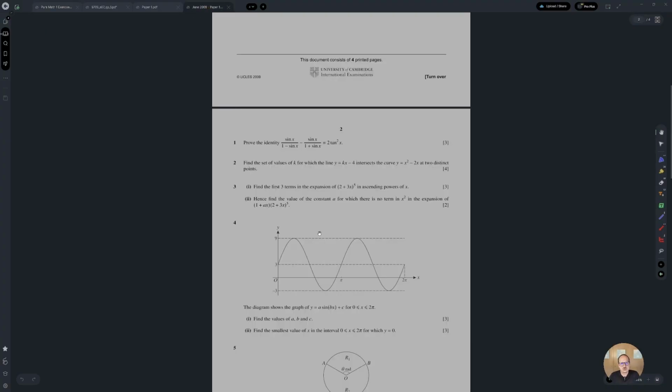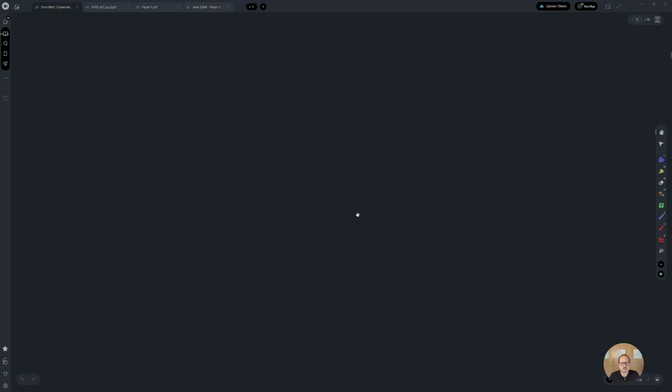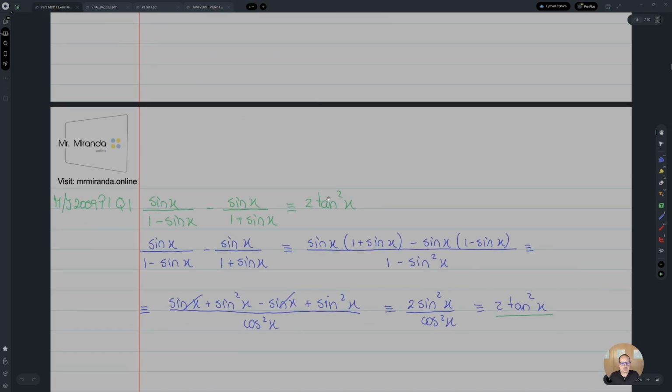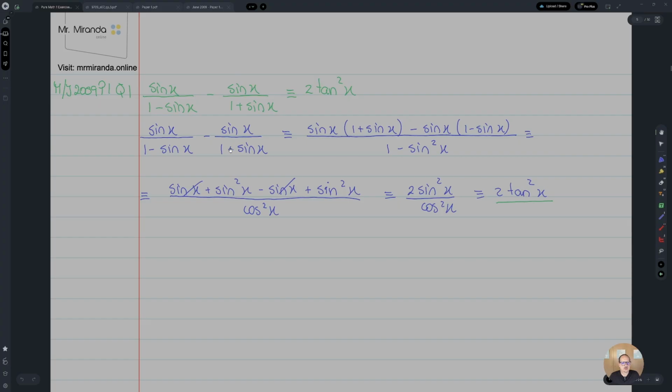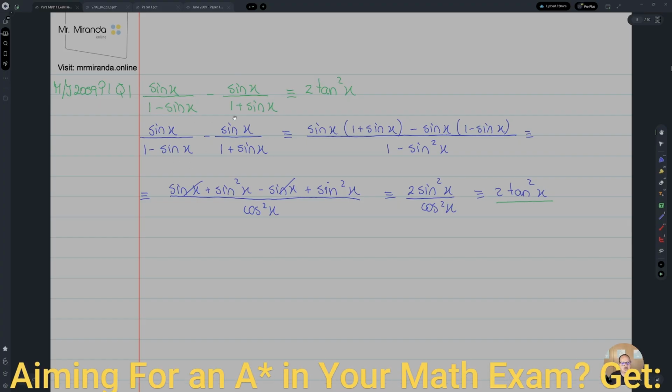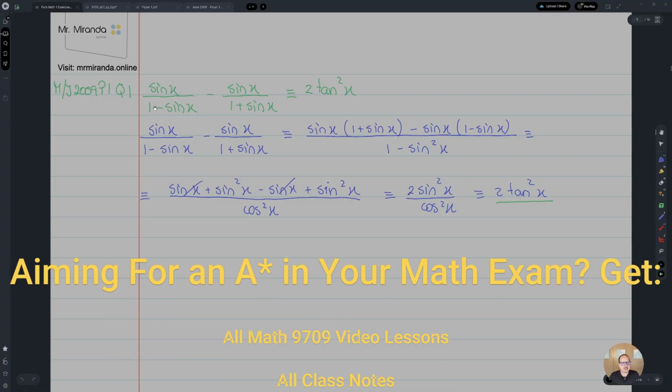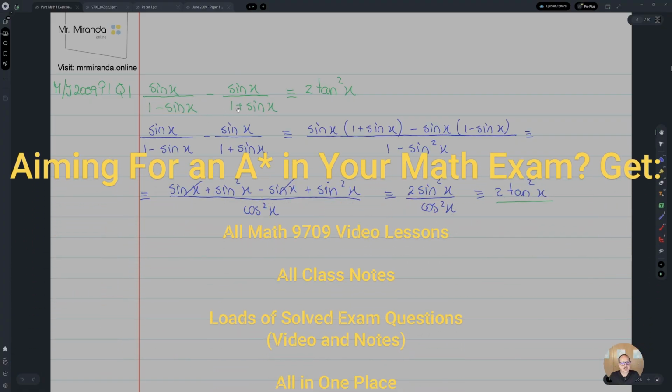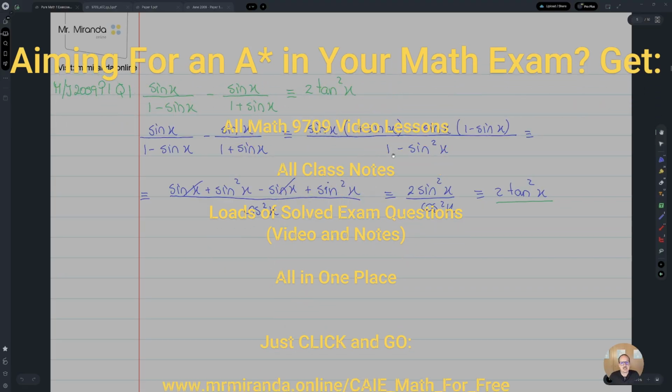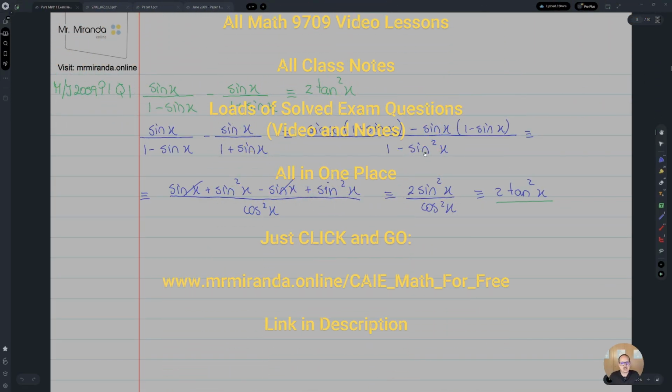This is from June 2009 paper 1, question 1. Sine of x over (1 plus sine of x) minus sine of x over (1 plus sine of x) equals tan square of x. So start by rewriting that, getting the same denominator. This is always the same. And don't forget that (a minus b) times (a plus b) is a squared minus b squared.